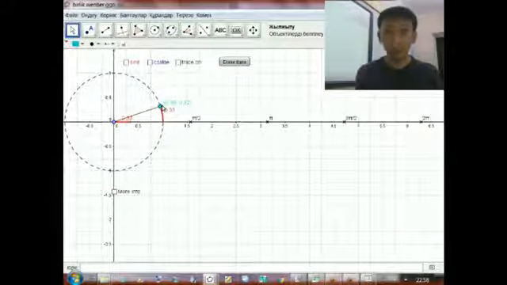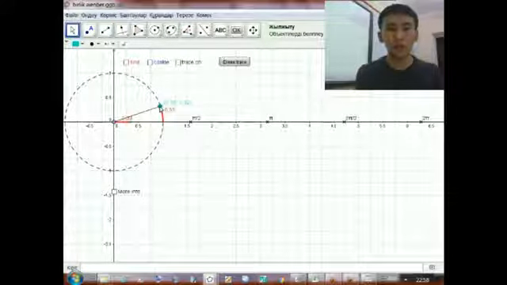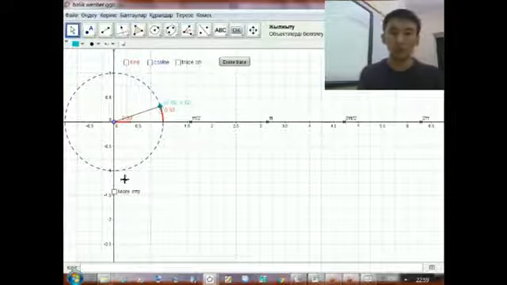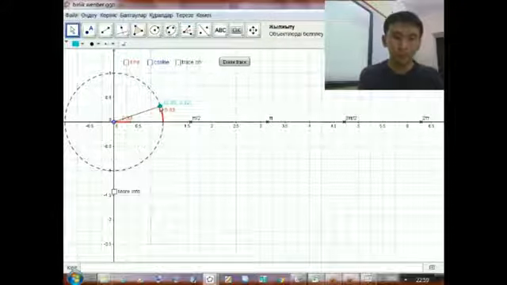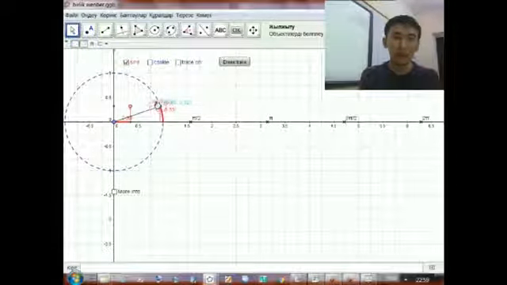But what about the angles which are bigger than 90 degrees? To find the values for trigonometric ratios for the angles bigger than 90 degrees, we will use the unit circle.